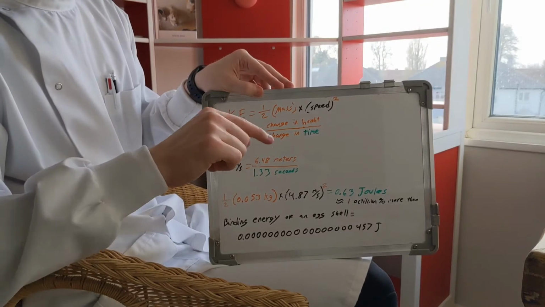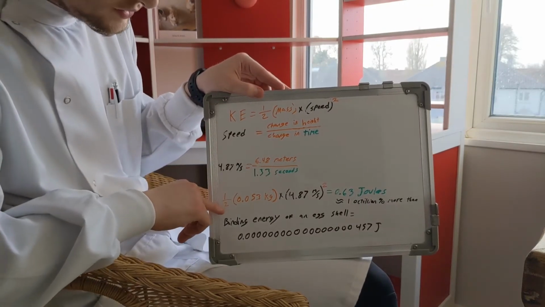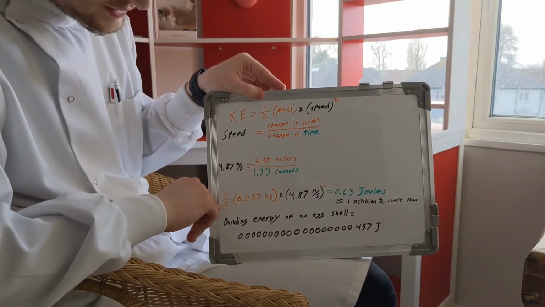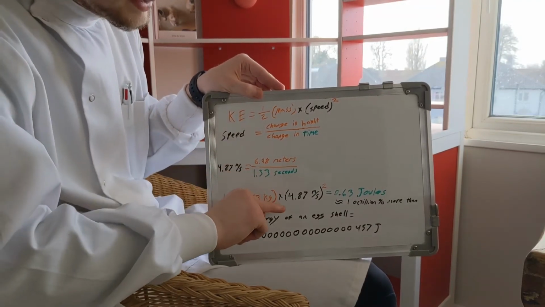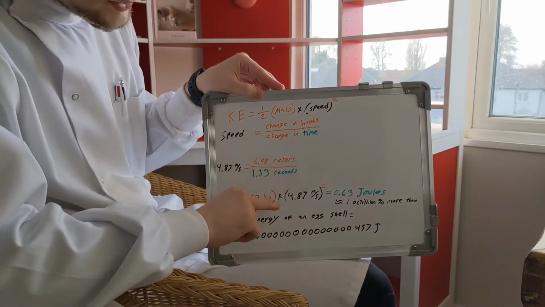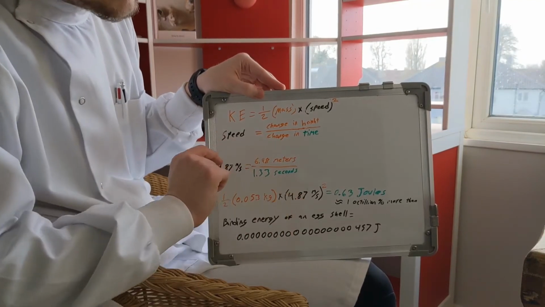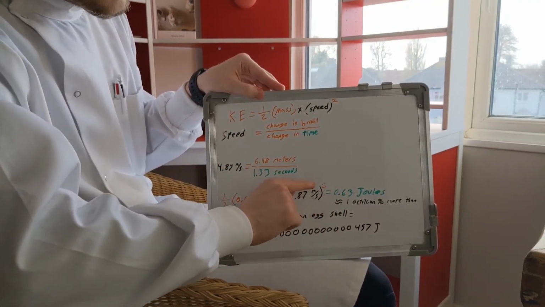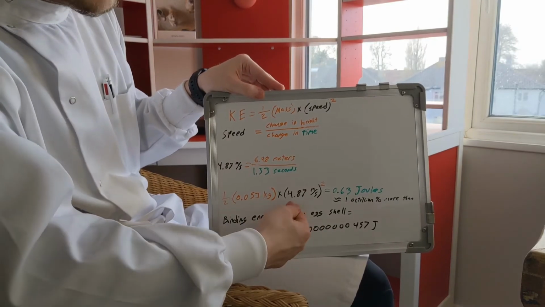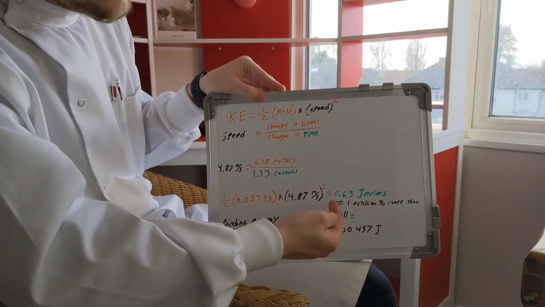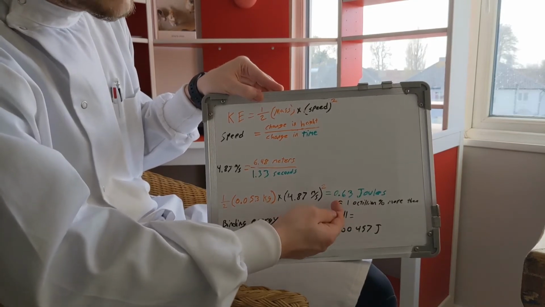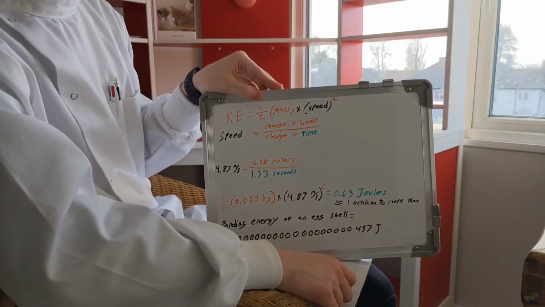A kilogram is 1,000 grams. So we multiply 1/2 times 0.053 kilograms times our speed, which is 4.87 meters per second, squared. So we square that, multiply 4.87 by 4.87, and that is equal to 0.63 joules.